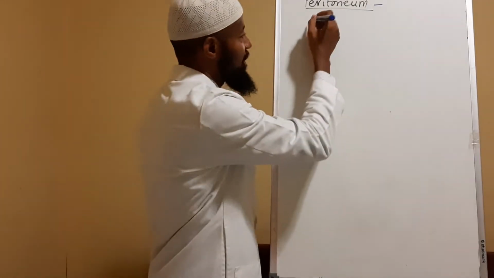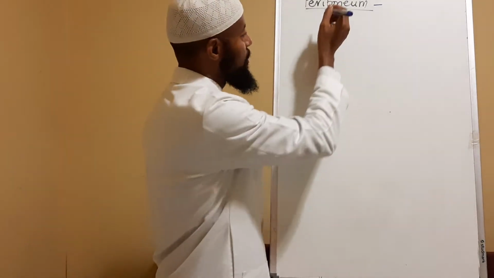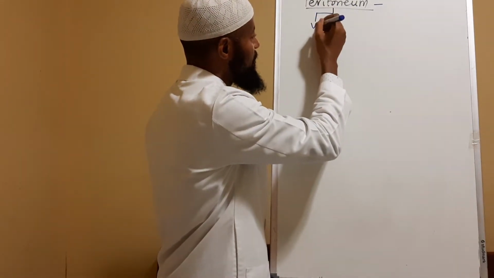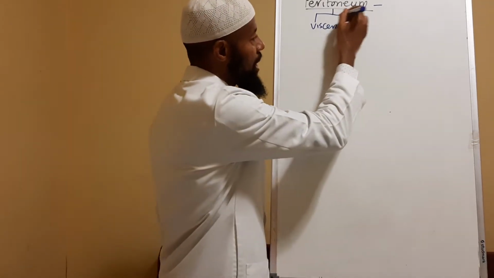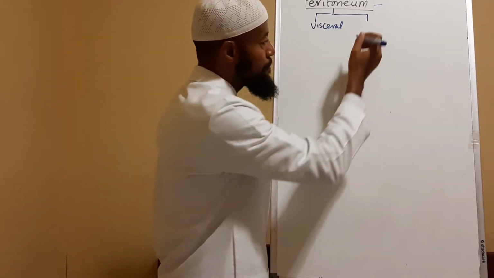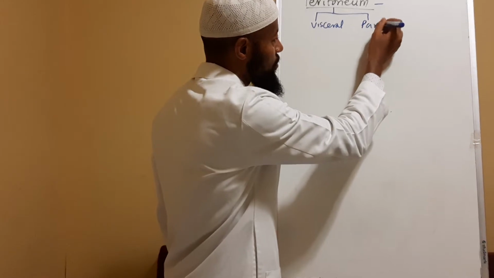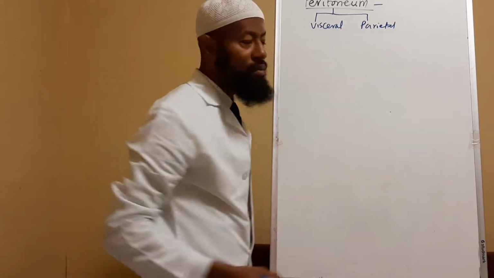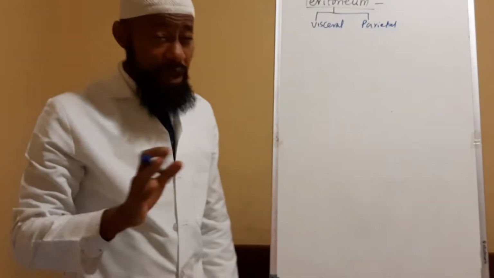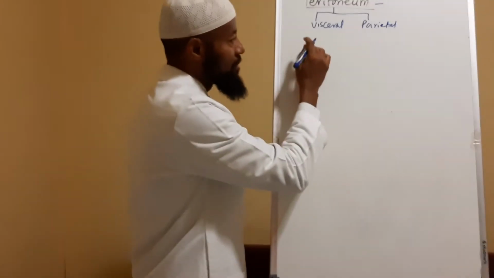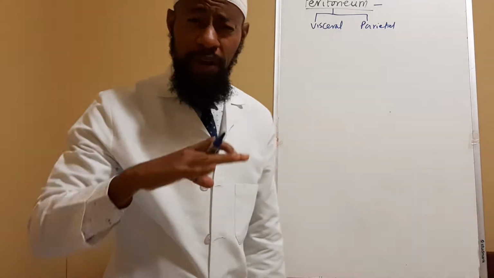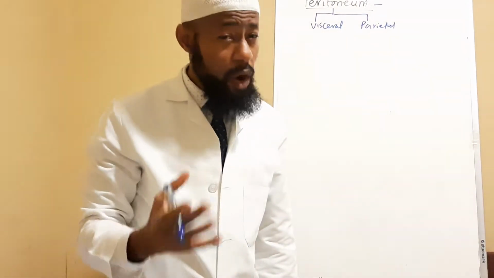So we'll be looking at the types of peritoneum. We'll be looking at the visceral peritoneum, and of course we'll be looking at the parietal peritoneum. Alright? And then we go further to look at the relationship between this peritoneal membrane and the organs.